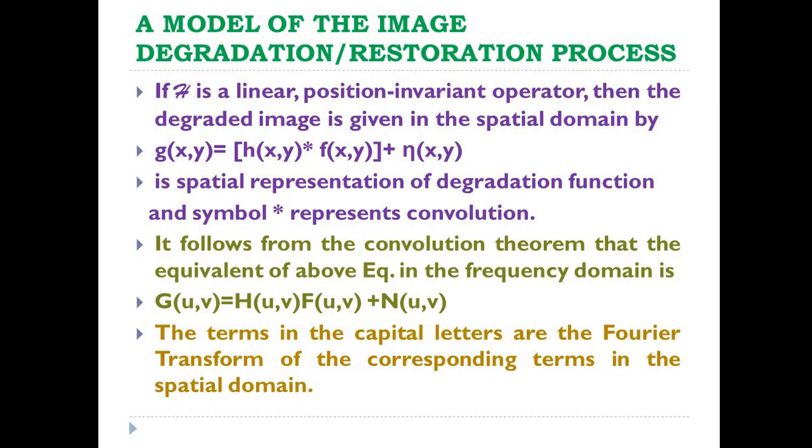So now g of x comma y on conversion to frequency domain becomes G of u comma v. H of x comma y will be H of u comma v. F of x comma y will be F of u comma v. Convolution becomes multiplication. So this term h convolution f becomes H into F plus noise n of x comma y becomes N of u comma v. So normally it is the practice to represent Fourier transform in capital letters.